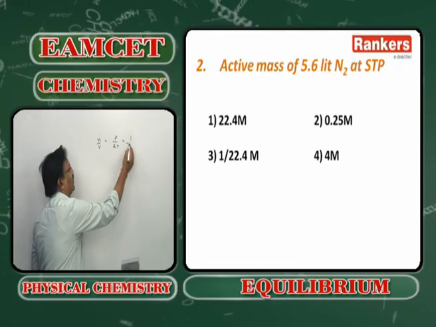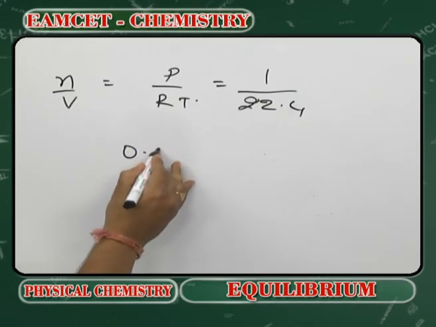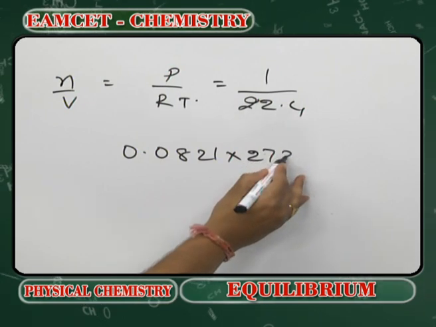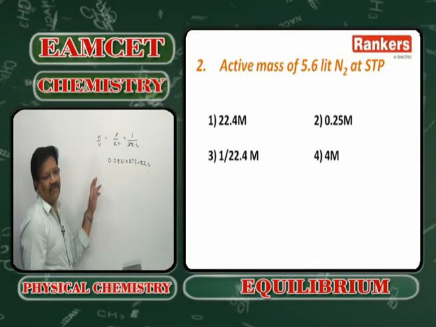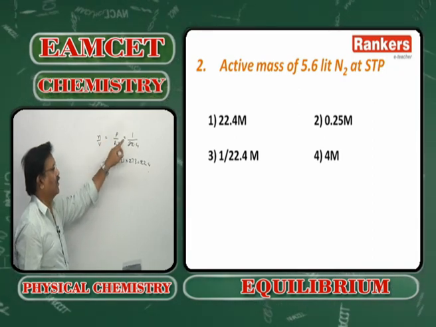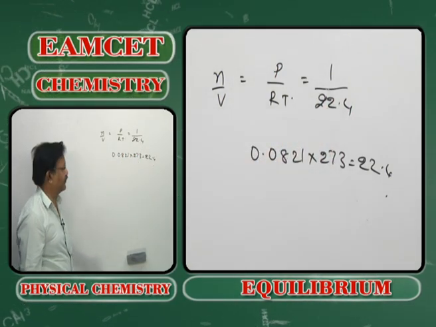What is the RT value? 22.4, because R value is 0.0821 into temperature 273 will be equal to 22.4. So active mass is n by V, which is equal to P by RT, which is equal to 1 by 22.4.